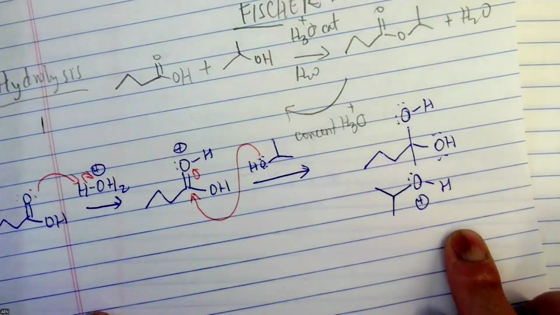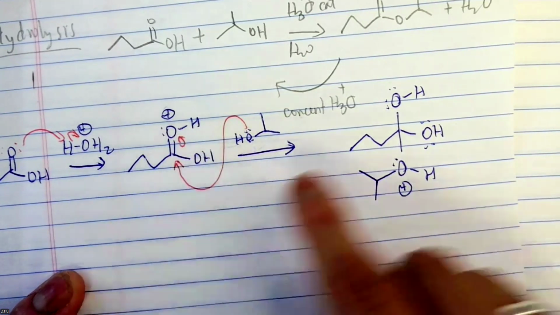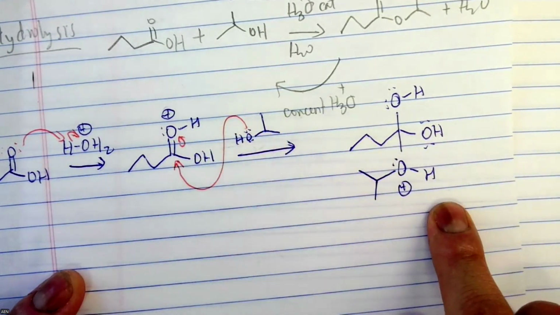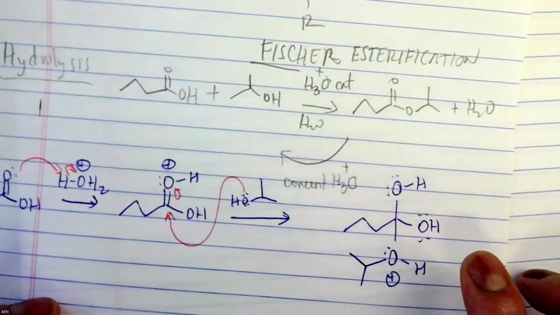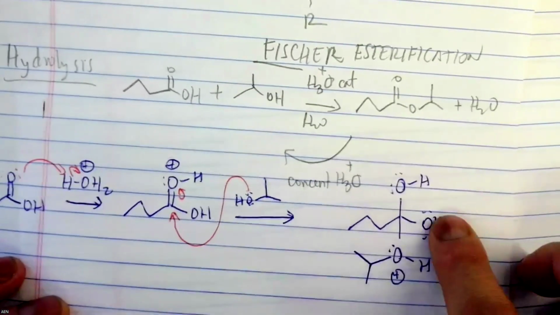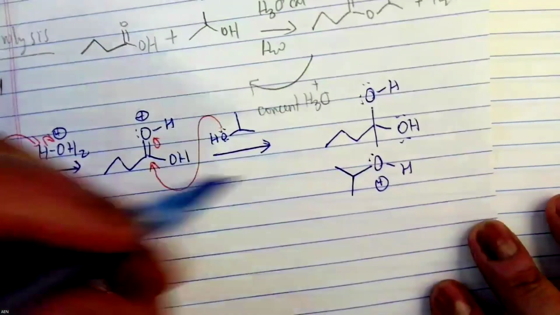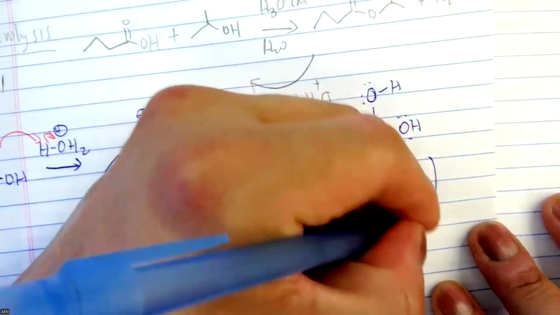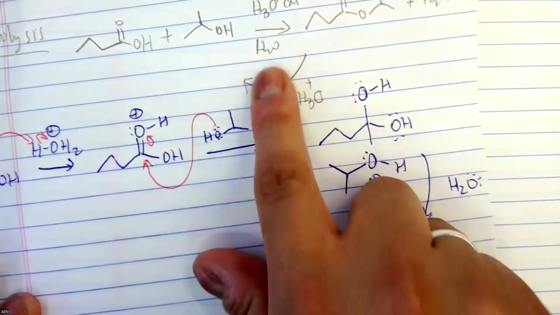Okay, so I have this particular compound, right? So the OH is there, the other OH, and the isopropanol adds. Now, according to my reaction, I should lose one oxygen. So I have to lose the OH. How do you lose OHs? By protonating, right? So here I will first deprotonate it with water, because the H3O plus comes with water.